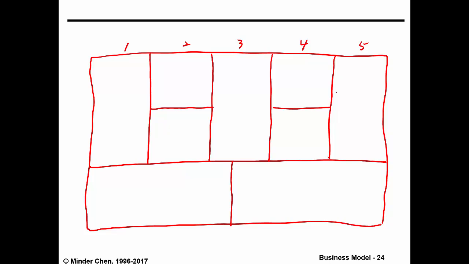And the next step is to fill in the blanks. You can start from anywhere, as I mentioned. I'm going to start with the central piece, which is the value proposition, your product and service. And who are you going to sell it to? That's the customer segment. In order to reach the customer segment, you need to establish your channel.